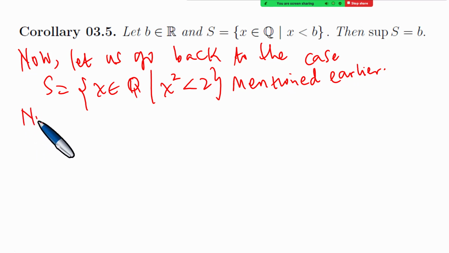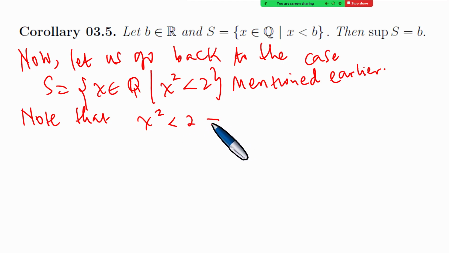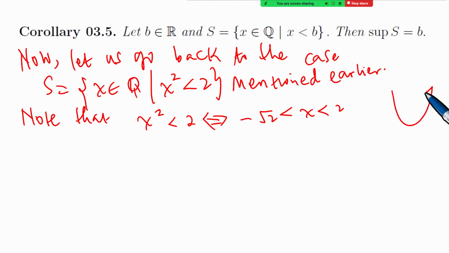Note that X squared is less than 2. Okay, we saw that X squared less than 2 means that minus the square root of 2 is less than X, less than the square root of 2. This one we learn at school.